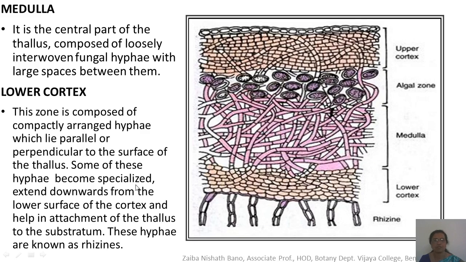Some of these hyphae become specialized, extend downwards from the lower surface of the cortex, for attachment of the thallus to the substratum. These hyphae are known as rhizines. So I think with this we have clearly understood the internal structure of a lichen thallus.